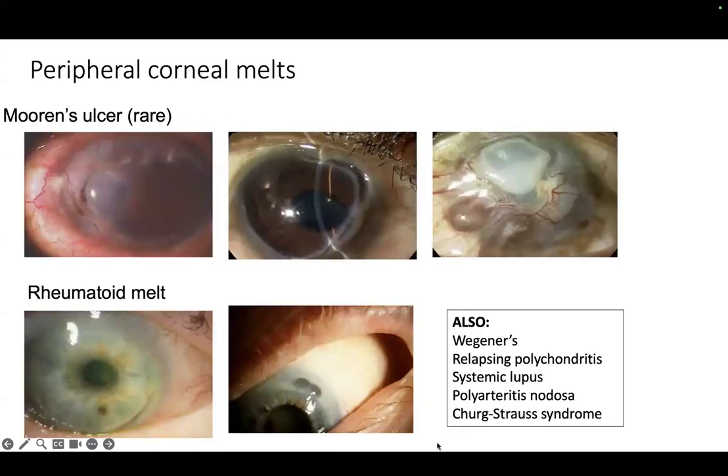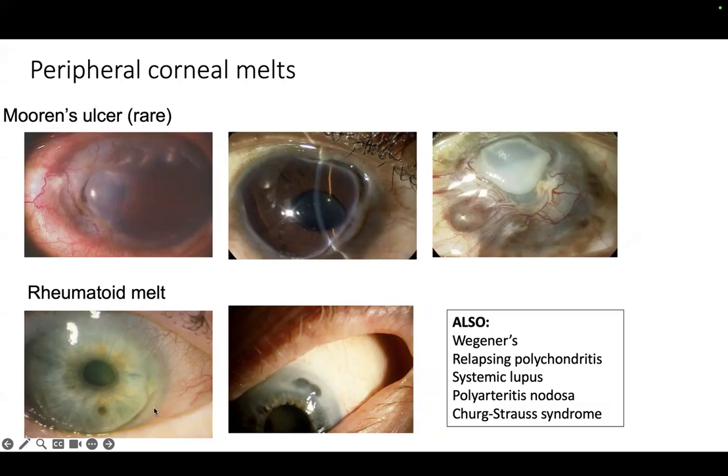And these are a few examples. So you see here, this is fairly burnt out disease. This is Mooren's disease. It can be quite debilitating for the patients, clearly, and often, if uncontrolled, it can lead to total blindness. Here's an example of rheumatoid melt down here. And you can see that there's sort of guttering here. So there will be a loss of epithelium in this area.